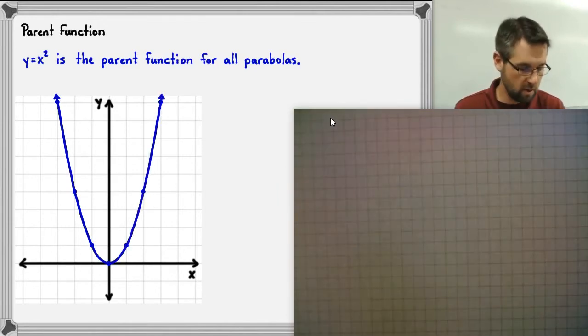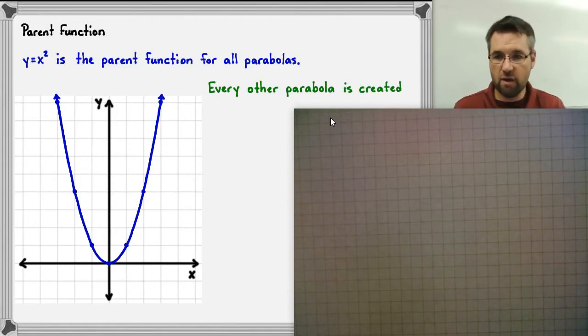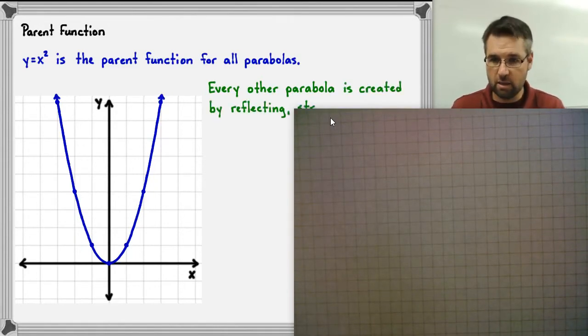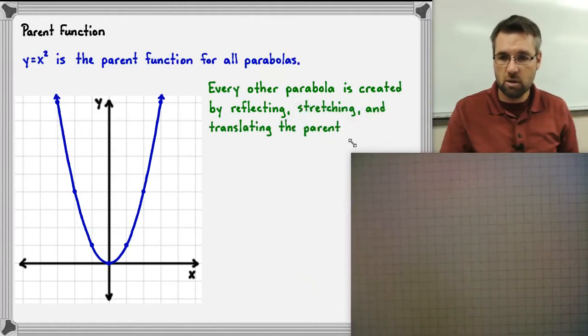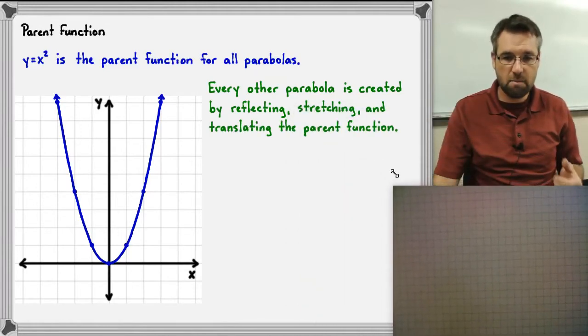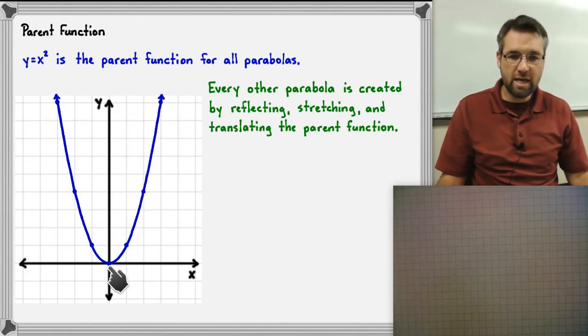We would say this: every other parabola is created by reflecting, by stretching, and by translating the parent function. So essentially, if I take this parabola, I can shift it up, I can shift it down, I can shift it right and left, okay? That's a translation.